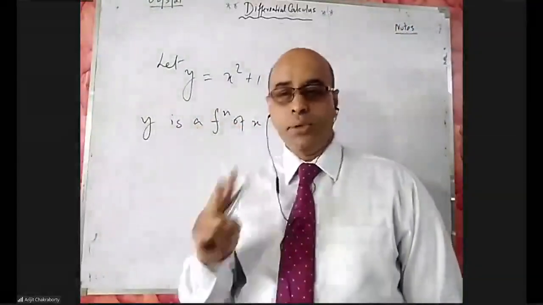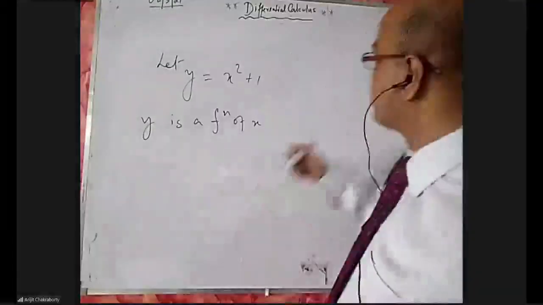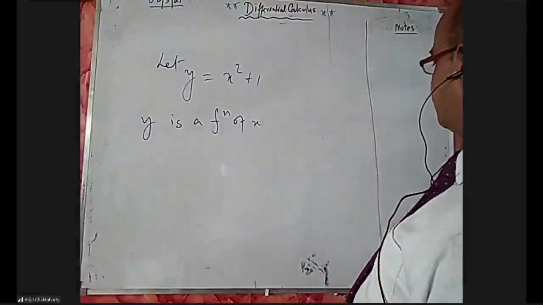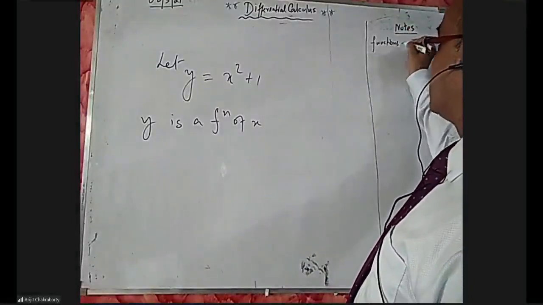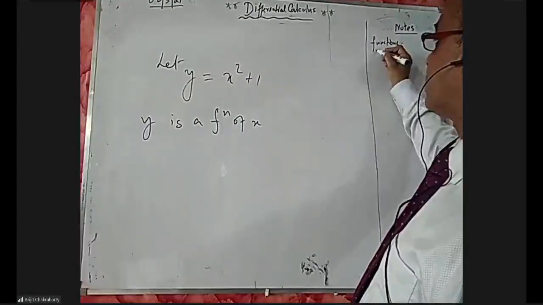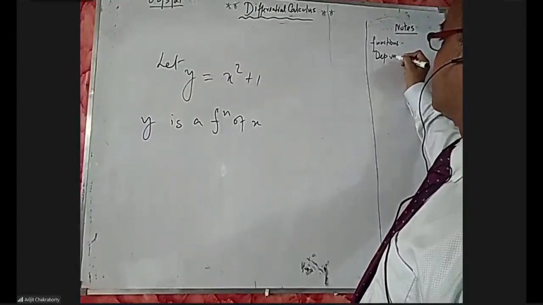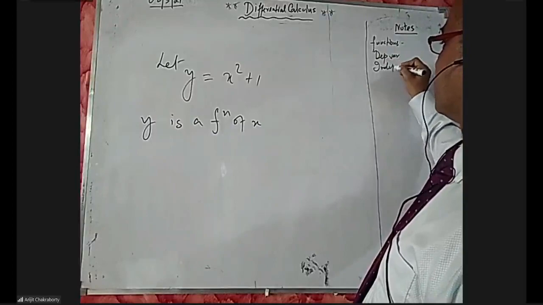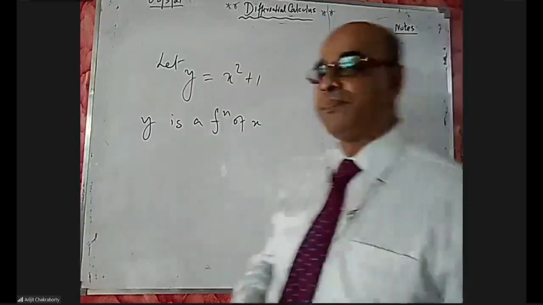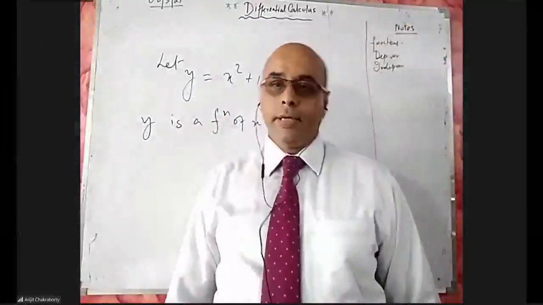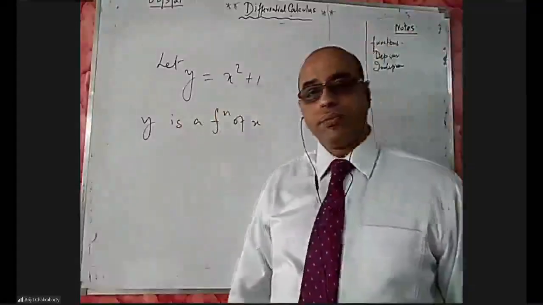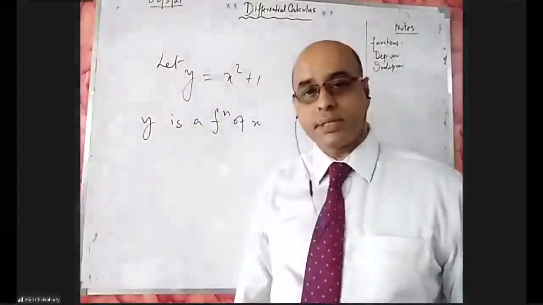So friends, two important points we shall note. First, I'm writing in the notes part. First, we will understand functions, the basic concept. Then we shall see what is the dependent variable and the independent variable. Okay, one by one we shall see. y equal to x square plus 1 is, of course, an equation. And here we can say that y is a function of x.